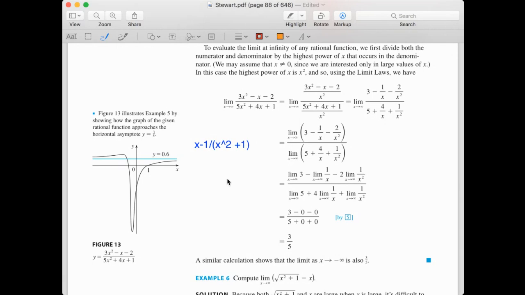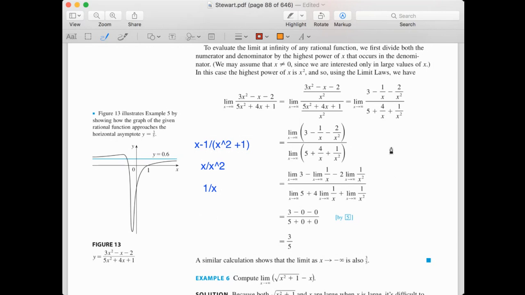We could use the ignore rule. After we ignore the lower terms, we have x over x squared, which can be simplified as 1 over x. Then when x approaches infinity, 1 over infinity, that's 0, right?